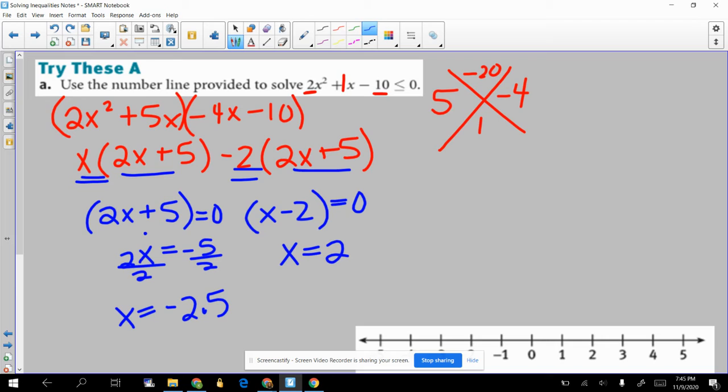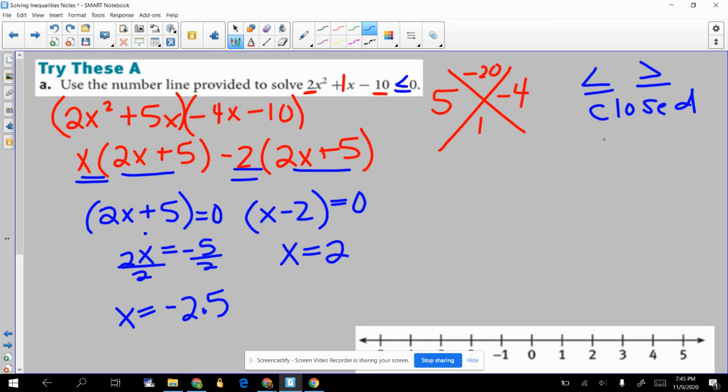Okay, so far nothing really different from solving an equation, but now here's where we have to change up our steps a little bit. So here's where we look at this inequality and remember that if it has the equal sign underneath, like so, then it is a closed circle.